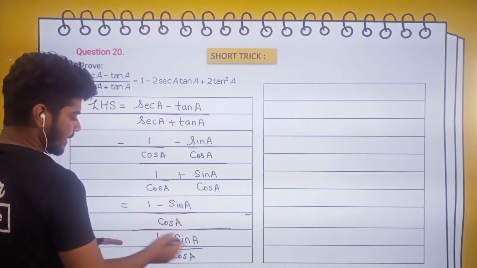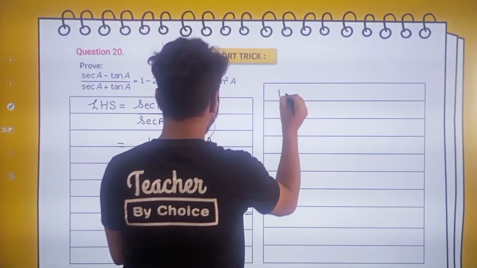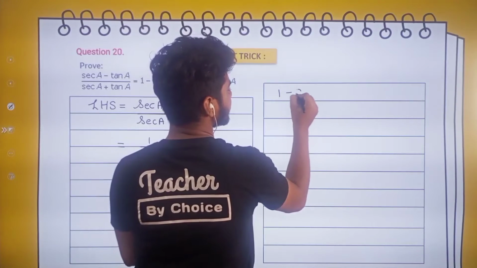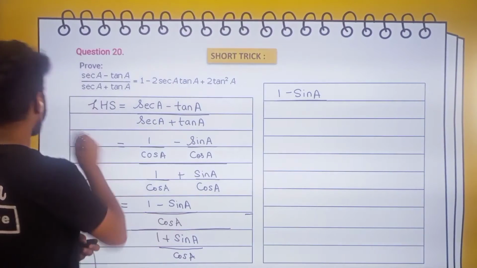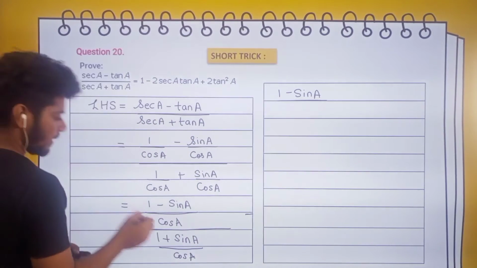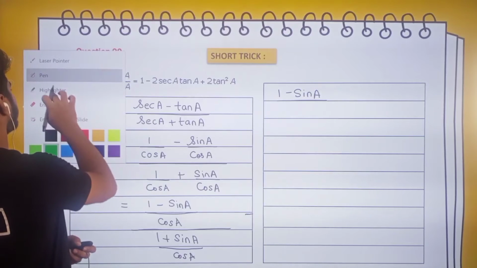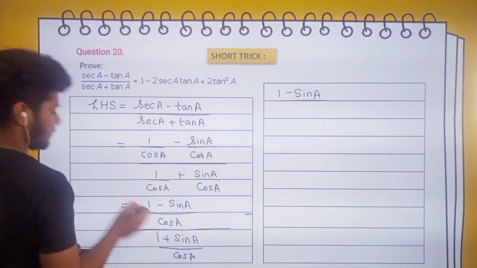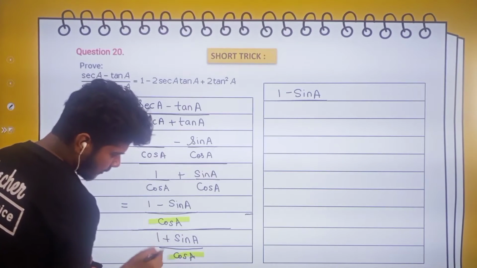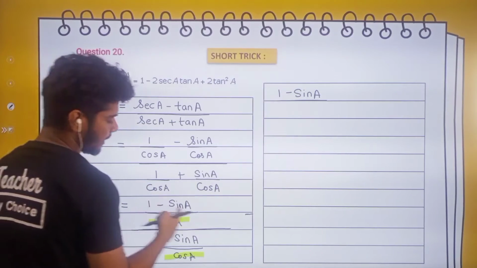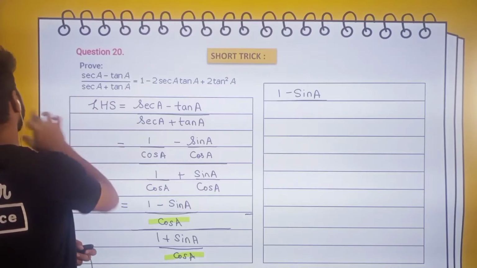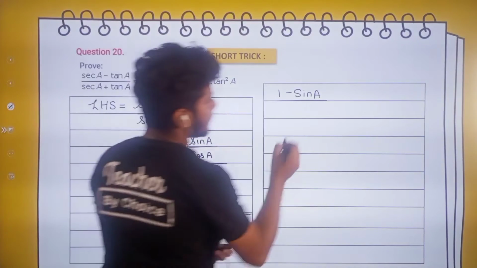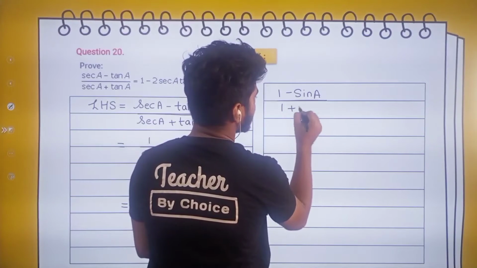Now 1 minus sin A, 1 plus sin A, will simplify this. 1 minus sin A upon, you will get this cos A cancelled off. Okay, see, this cos A will be cancelled off with this cos A. Okay, you are left with 1 minus sin A and 1 plus sin A, right? So 1 minus sin A, 1 plus sin A.